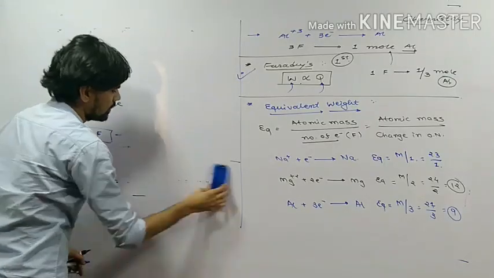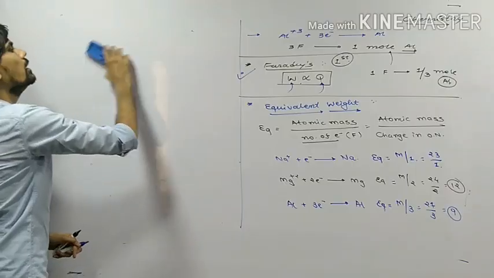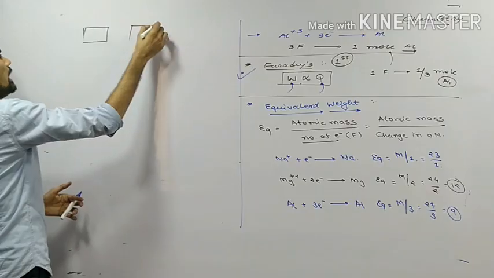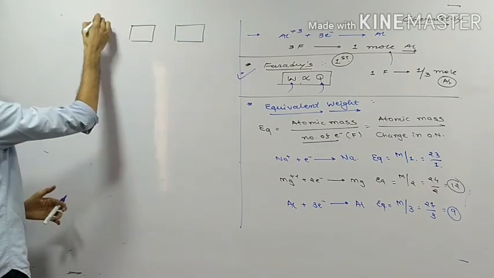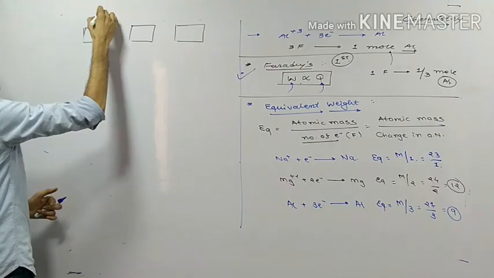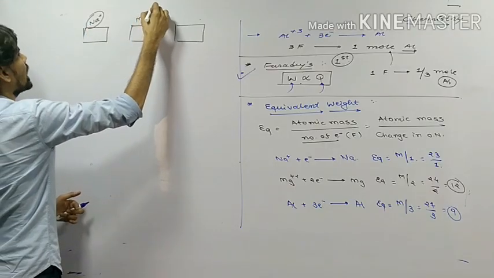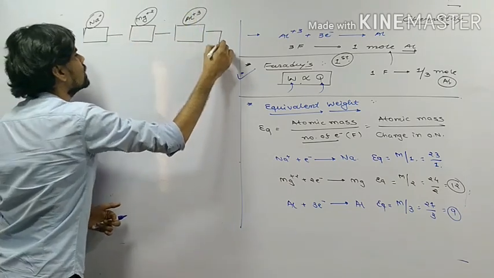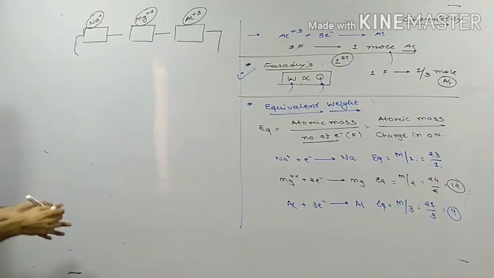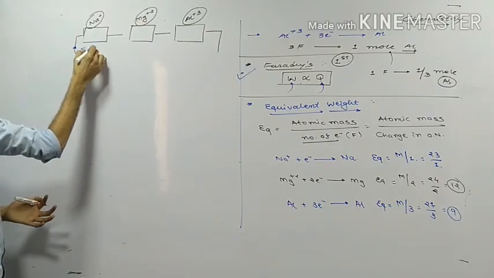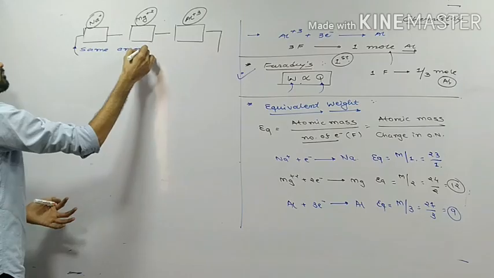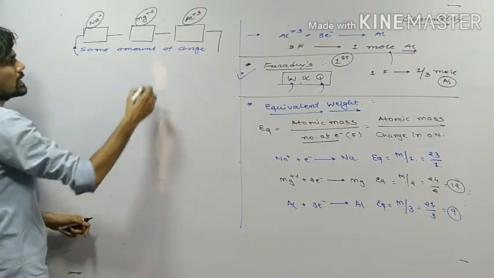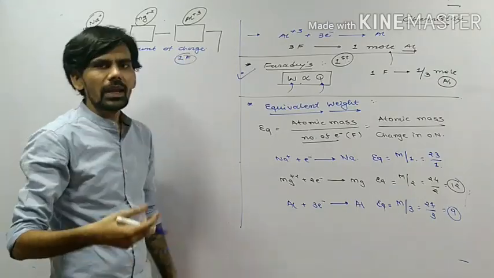With the help of this, if we join 3 different electrolytic solutions like Na+, Mg2+, and aluminum 3+ in a series and pass the same amount of charge, as an example 1 Faraday, you can take 2 Faraday, 3 Faraday, whatever.